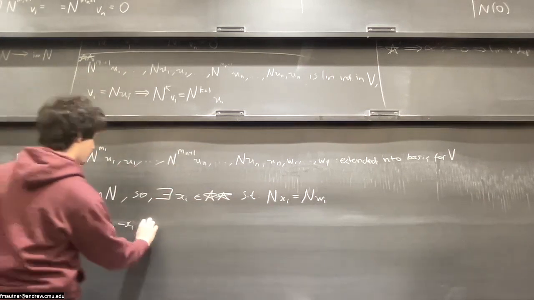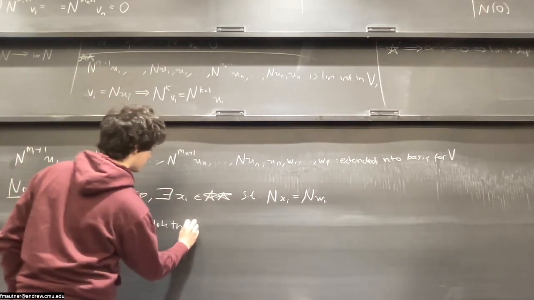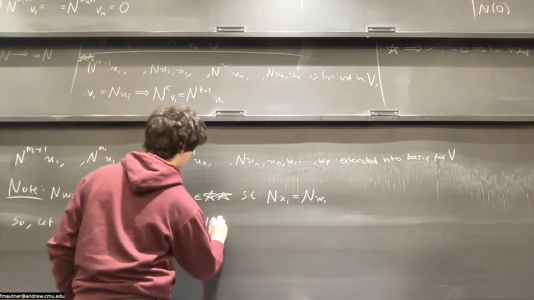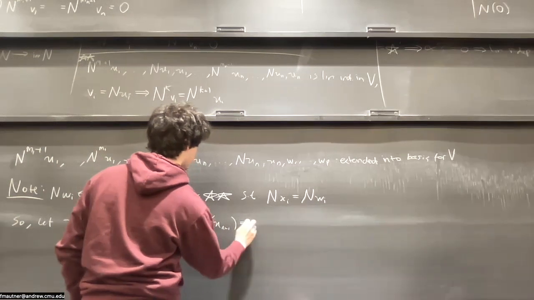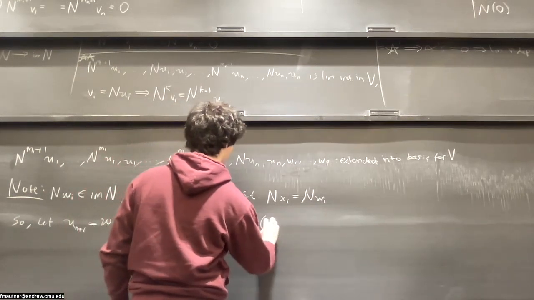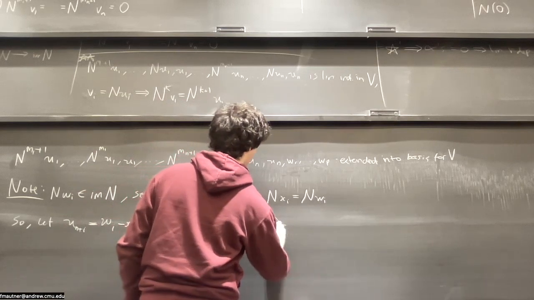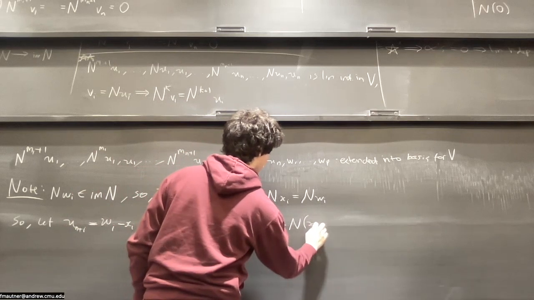Just one thing to note then, that obviously n applied to u sub n plus i is just equal to n applied to w sub i minus n applied to x sub i.